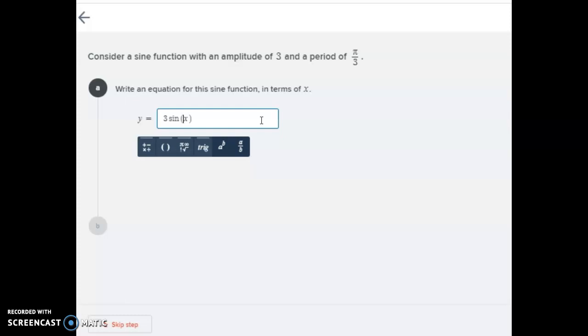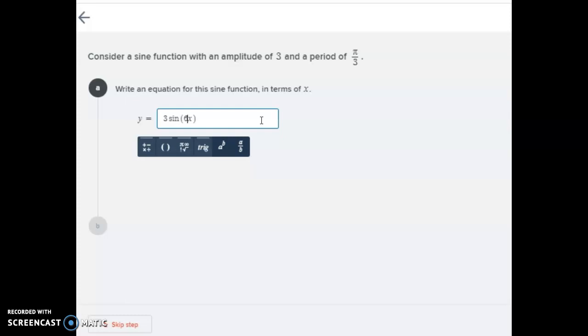So the normal period on a sine function is 2 pi. If this is pi over 3, then if you divide 2 pi by pi over 3, you get frequency is equal to 6.